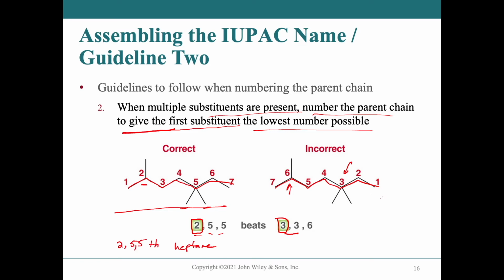Let me write that again. It would be 2 for that carbon for that methyl there, 5 for this one methyl here, and another 5 for this methyl here, and it would be trimethyl heptane, right? Trimethyl heptane. Okay.